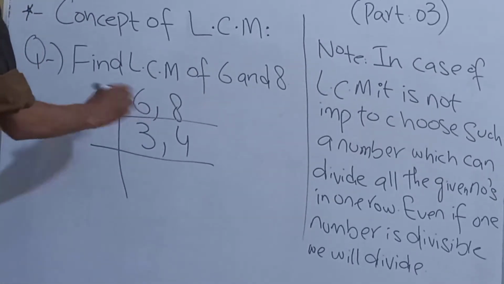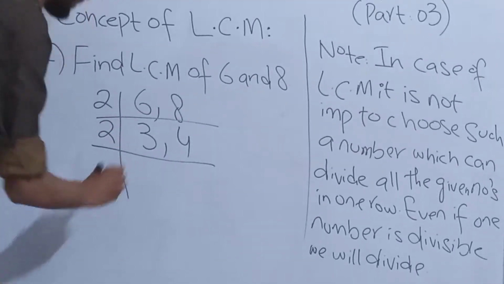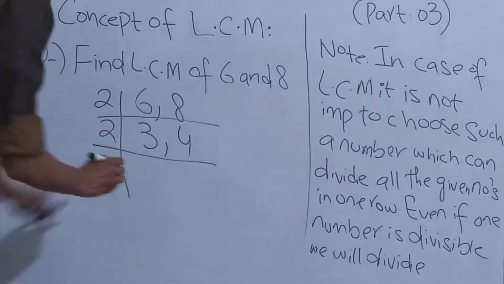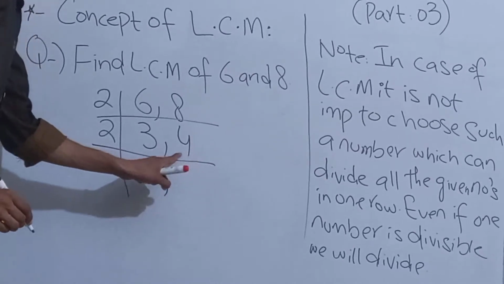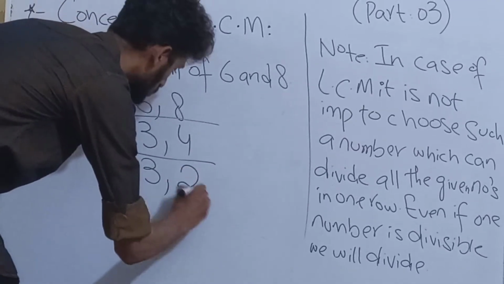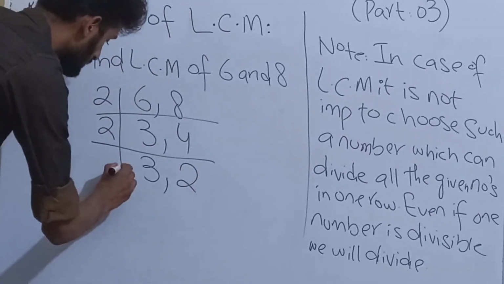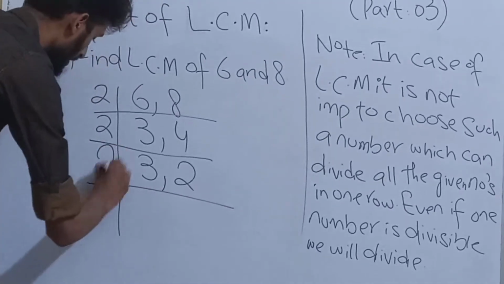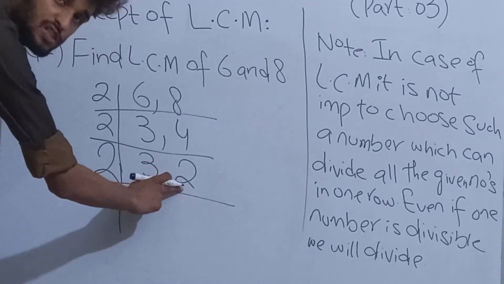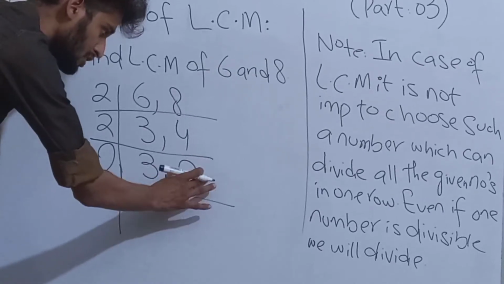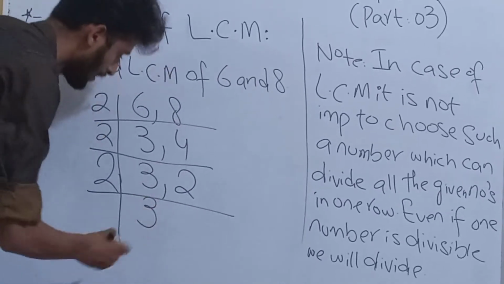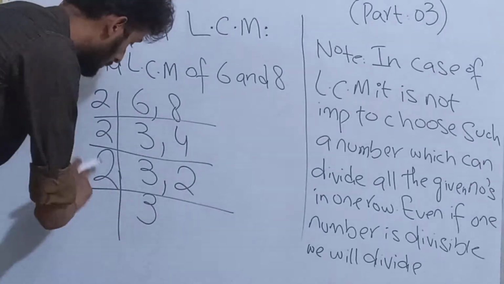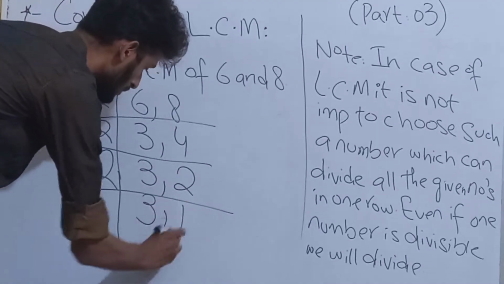The prime number will be 2. 3 is not divisible by 2, so we will write 3 again. But 4 is divisible by 2. We will write 2 2s are 4. Again we will divide it by 2 as 2 is divisible. Even if one number is divisible, we will divide. The 3 will move down as it is not divisible by 2, but 2 is divisible by 2. The answer will be 1.